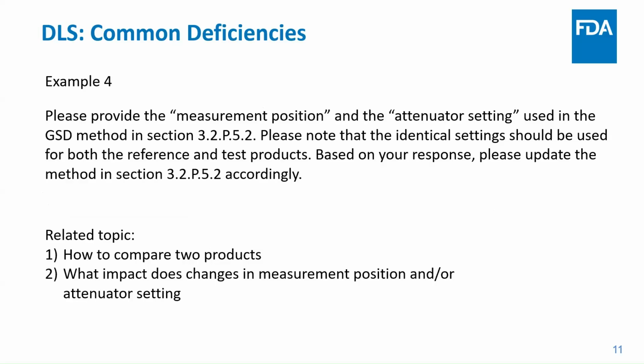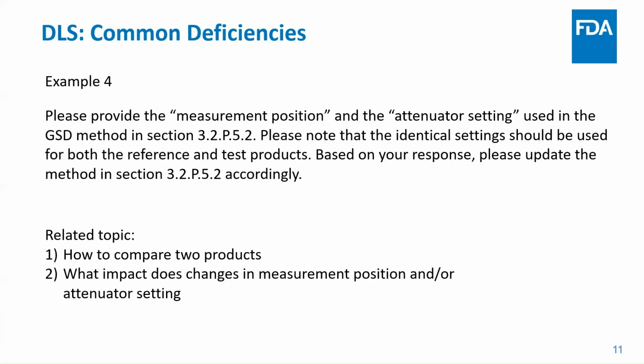The next is related to concentration choices, which, in this case, is dynamic light scattering, which has a measuring position and attenuator setting. Remember, these two parameters can be adjusted to compensate for different concentrations.